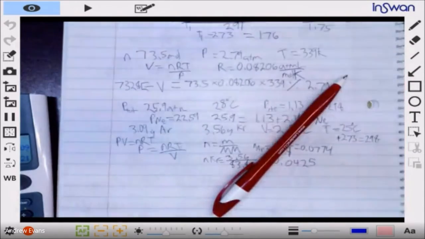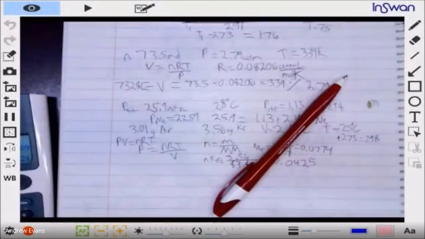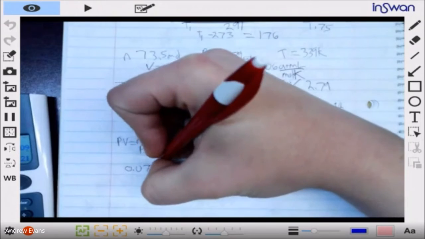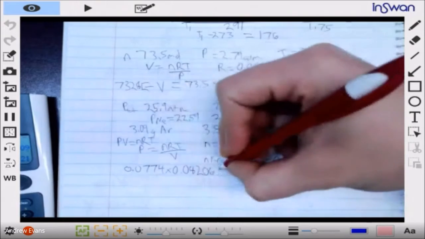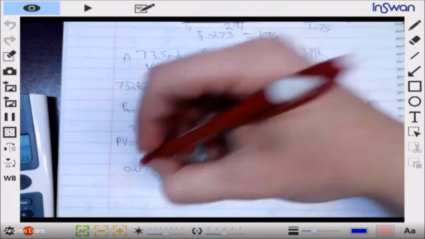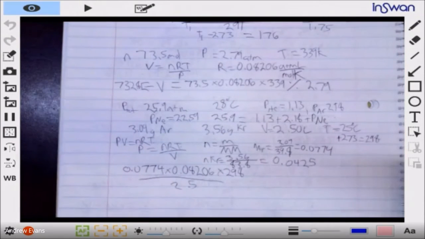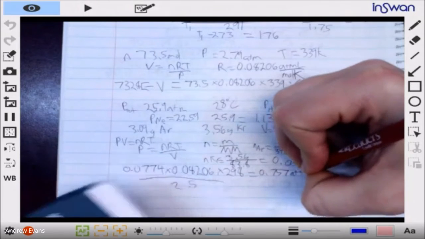Oh, crap. What did they want? They want it in atmospheres. Okay. So for the moles of argon, 0.0774 times 0.08206 times 298 over 2.5, the pressure is 0.757 atmospheres.